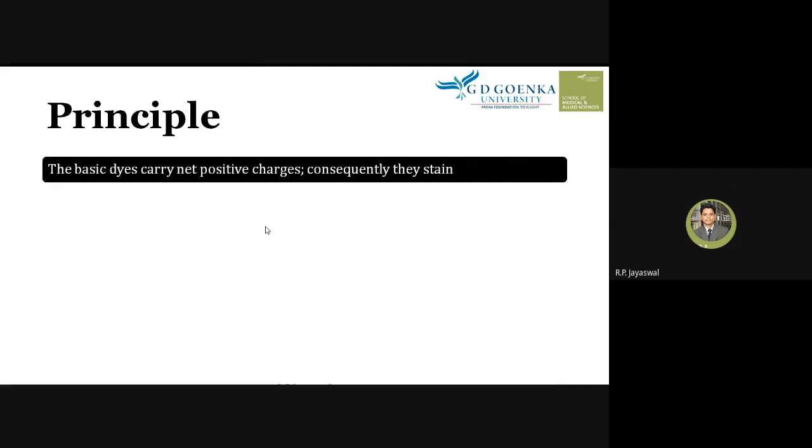Let's know the principle of this test. The basic dyes carry net positive charges, and consequently they stain the nuclei, granules of basophil, and RNA molecules of the cytoplasm.